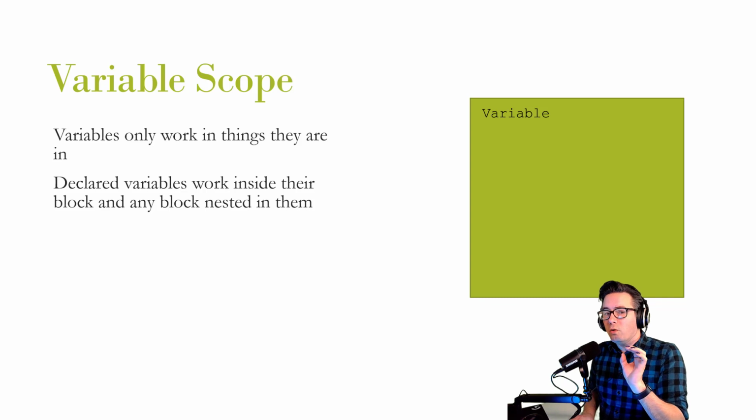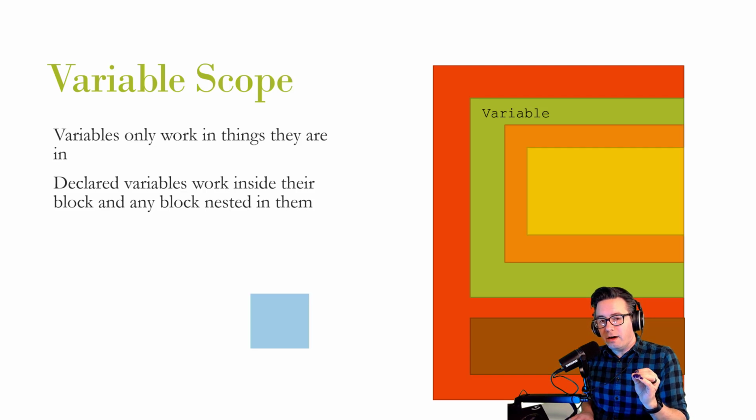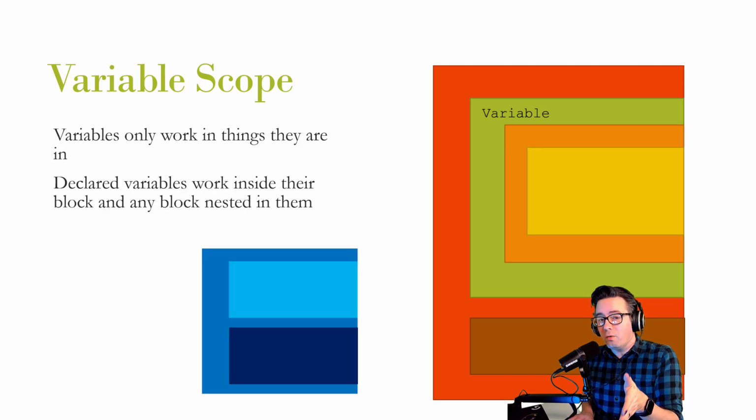So let's say we created this variable in this green block, and then we have these other blocks of code. The orange and the yellow are all nested inside of that green one. So we can reference that variable in those other nested blocks, but we can't use it outside of the green block.